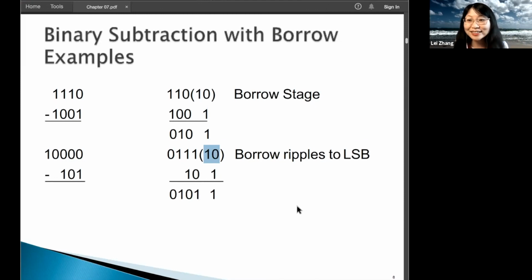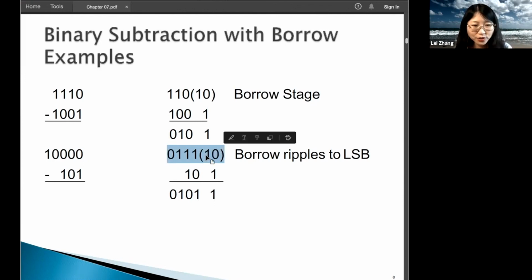That is the ripple borrow in decimal. If you have 10,000 minus 1, you have 9999. That is ripple borrow. It's the same thing here. You have the ripple borrow.